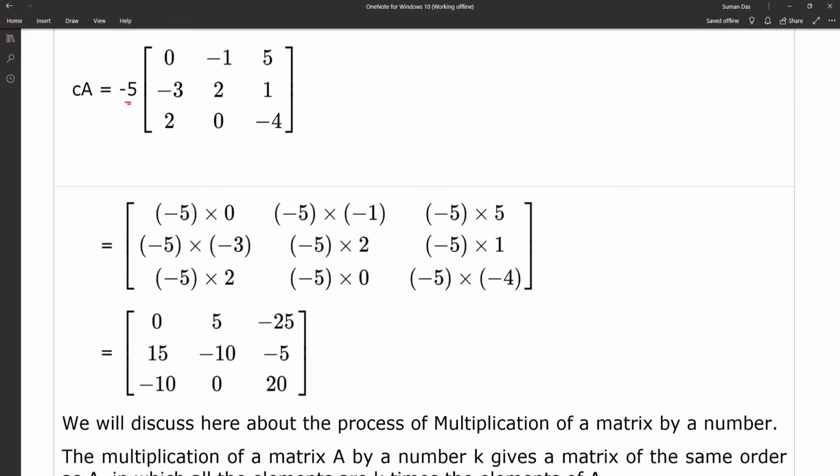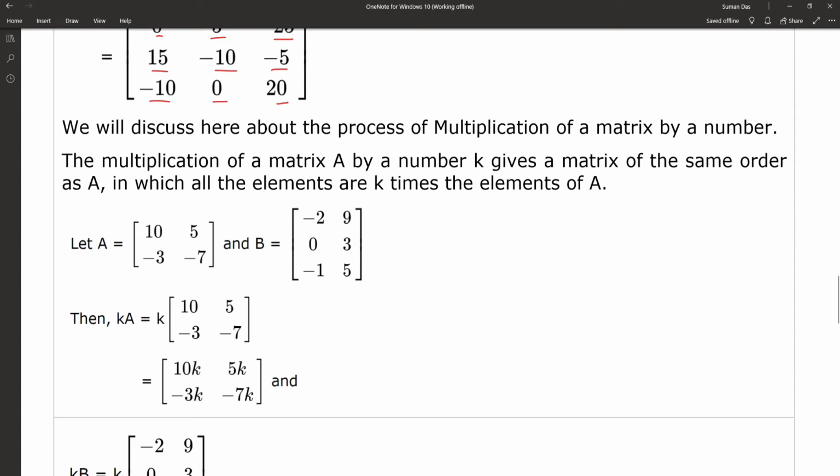So minus 5 into 0, minus 5 into minus 1, minus 5 into 5, minus 5 into minus 3, minus 5 into 2, minus 5 into 1, minus 5 into 2, minus 5 into 0, and minus 5 into minus 4. So we get the resultant matrix CA as 0, 5, minus 25, 15, minus 10, minus 5, minus 10, 0, 20.